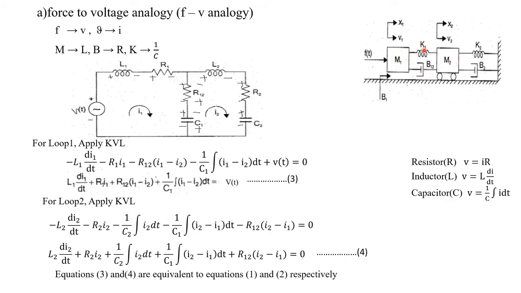Similarly, what about K1? K is transformed to C. So K1 will be C1. So here you have to represent the C1. So quantity wise K will be 1 by C, but element wise the spring will be transformed into capacitor. Here you have to draw the capacitor, not 1 by C1. It will be C1. Understood?